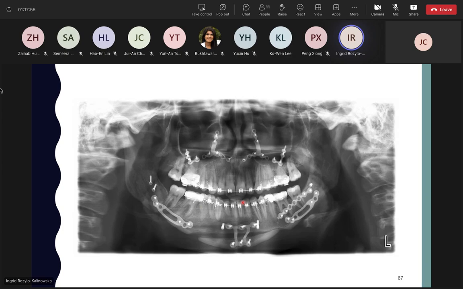And of course, these surgeries are performed to repair gross malocclusions. So definitely it's not possible to remove all these metallic objects until the treatment is over.